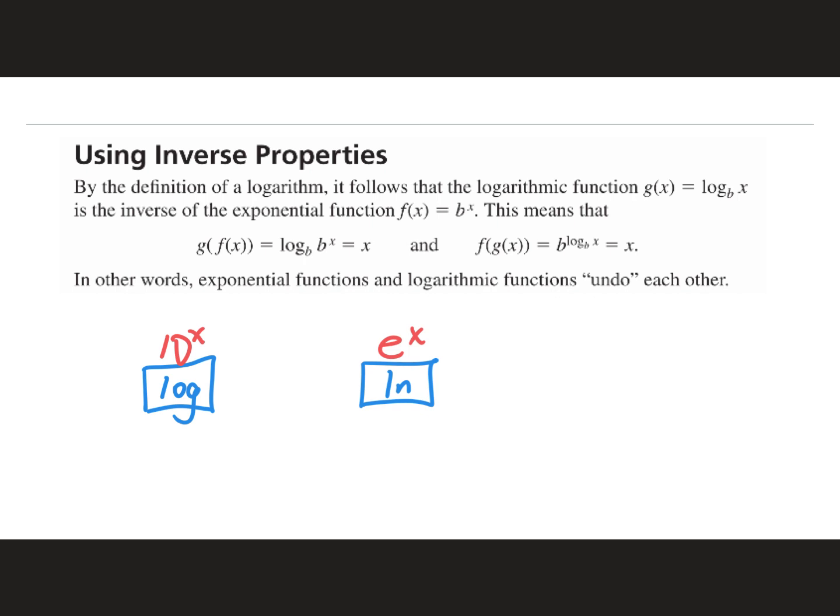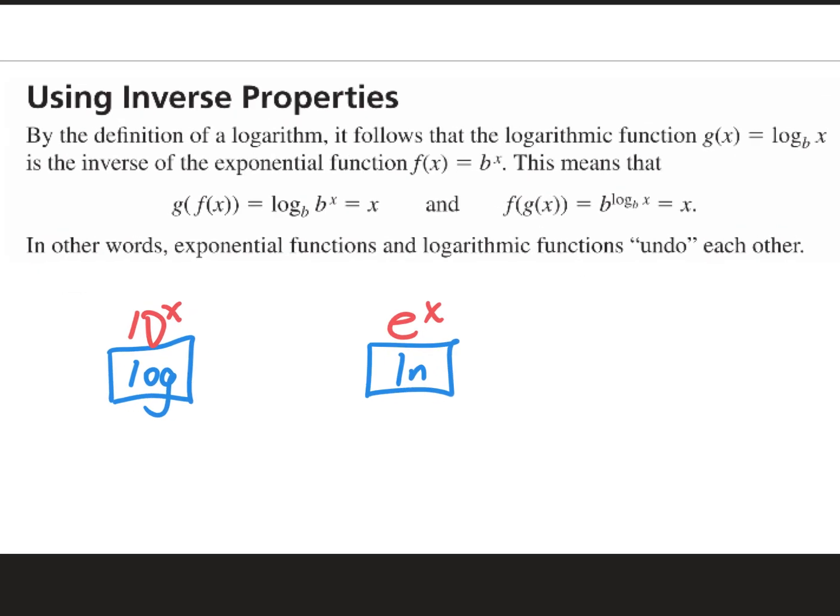In later sections of logs and exponentials, you're going to use the inverse property to undo, to get x by itself. You cannot solve these problems without your calculator. You can go through the whole process, but you cannot get the answer because you can't compute this stuff in your head. So understand that logs and exponentials are inverses of each other.